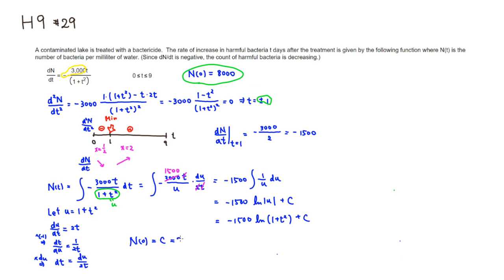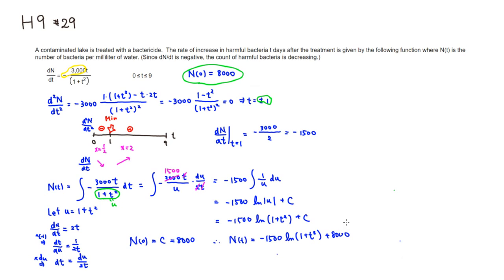So c is actually 8000. Therefore, n of t is simply negative 1500 natural log of 1 plus t squared plus 8000.